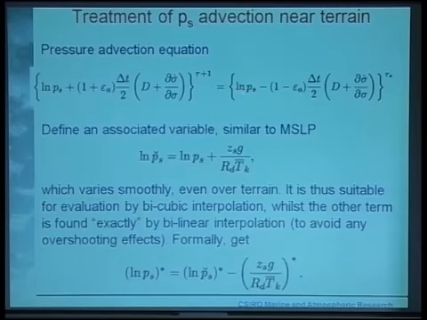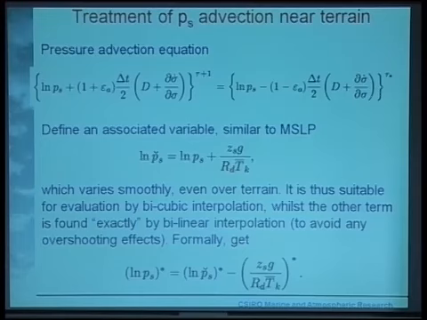If you've got a mountain, you're looking upstream over the mountain, and if you're doing a cubic interpolation to find this upstream value of surface pressure, you're getting some nasty overshooting effects because of the mountain's there. So there's a trick to do here to get rid of the mountains in this problem.